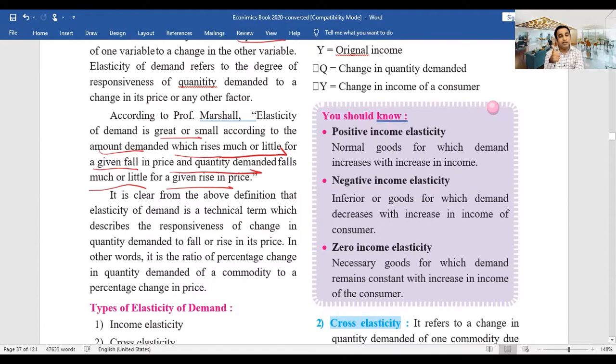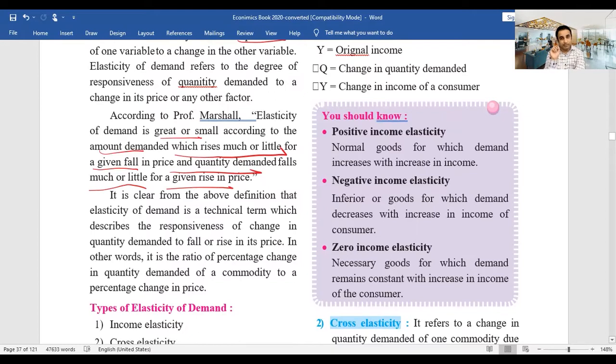That is, change in demand due to change in price. Proportionate change in quantity demanded with respect to proportionate change in price of commodity. Percentage change in quantity demanded with respect to percentage change in price of commodity. Degree of responsiveness of quantity demanded with respect to degree of responsiveness of price of commodity.